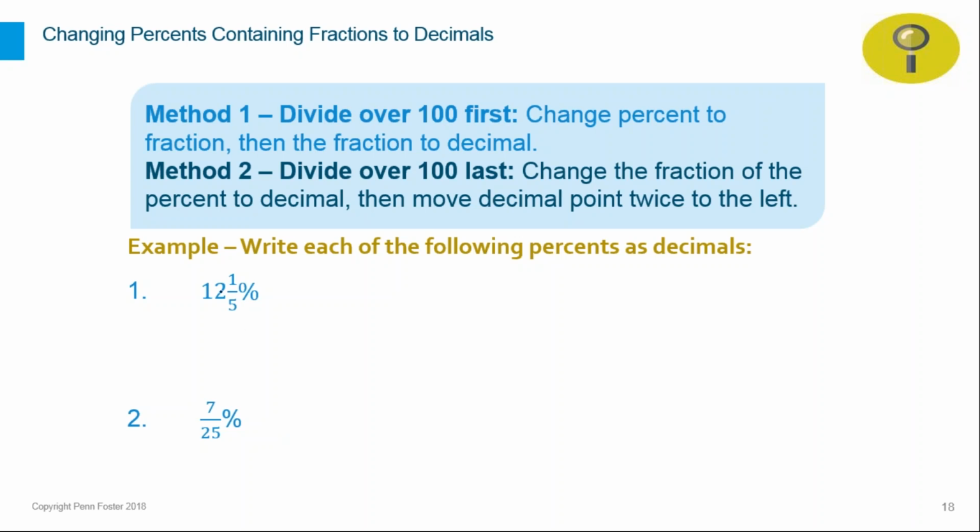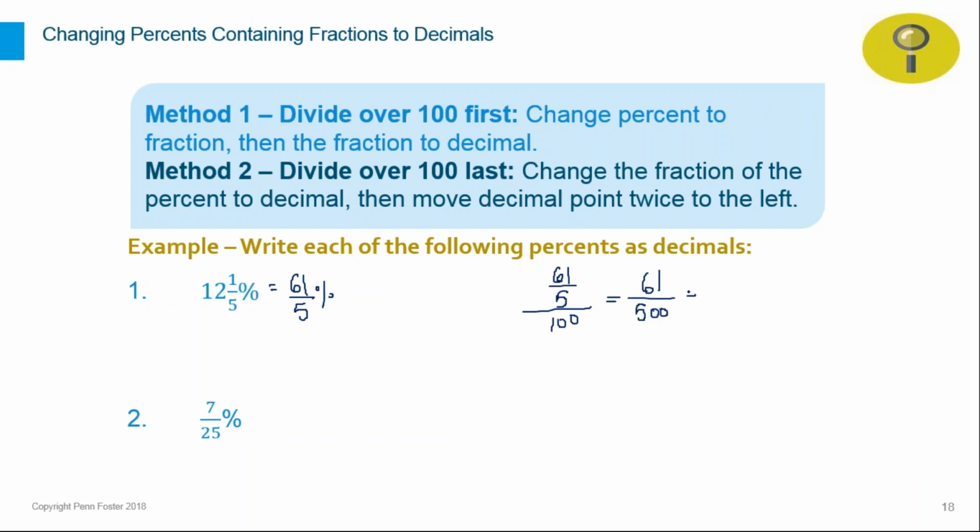So multiply 12 times 5 is 60 plus 1 is 61 over 5. So that is equivalent to 61 over 5%. Now divide. So 61 over 5 over 100 to get rid of the sign. And then we know the rule, 61 over 500.